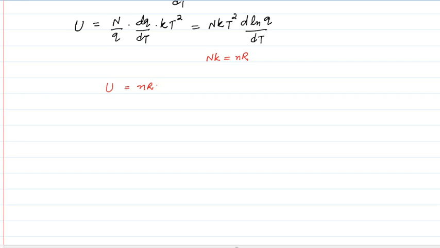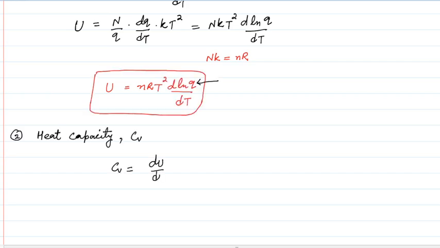Now we can also derive the heat capacity relation from this simple internal energy relation. Heat capacity at constant volume, we know from thermodynamics, is related to the internal energy by the change in internal energy with respect to temperature, keeping the volume constant.